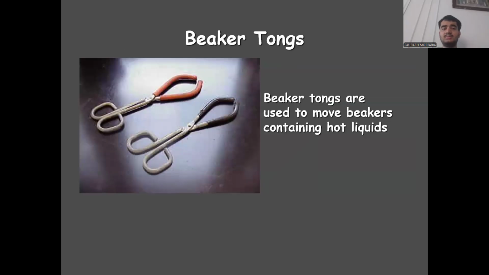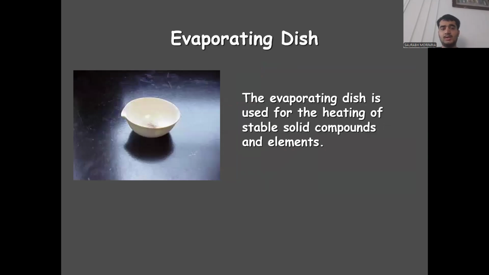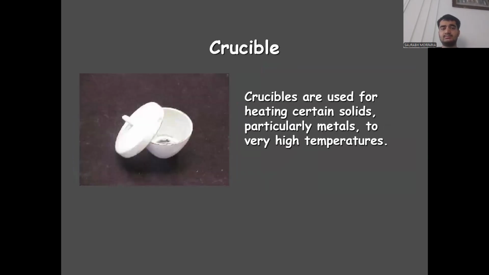Beaker tongs. Beaker tongs are used to move beakers containing hot liquid. Bunsen burners are used for heating non-volatile liquids and solids. Evaporating dish is used for heating of stable solid compounds and elements.